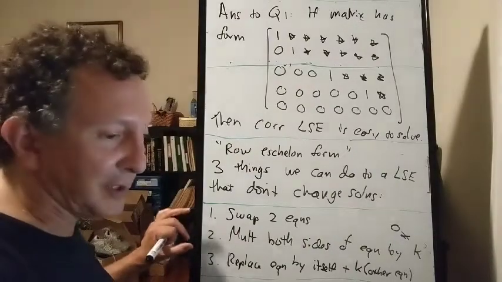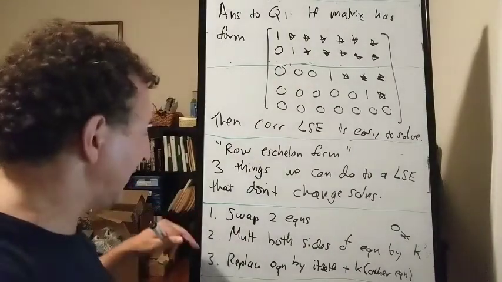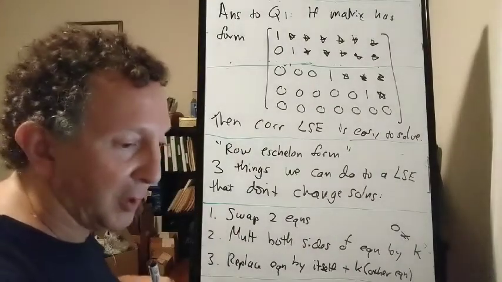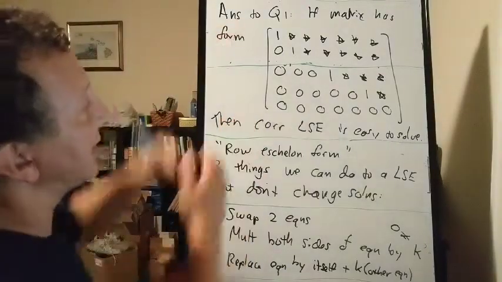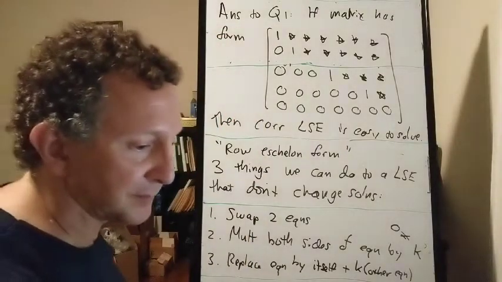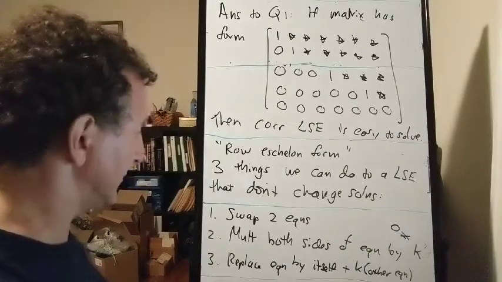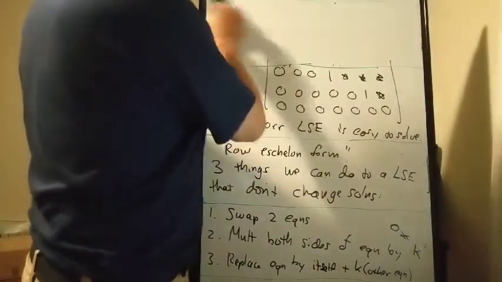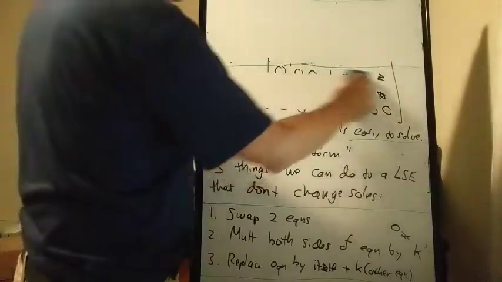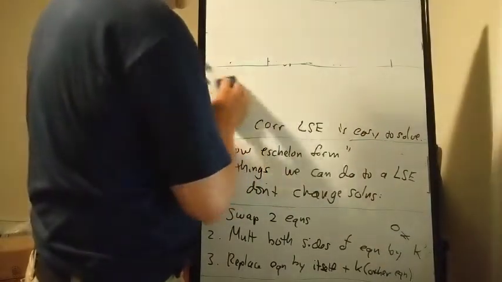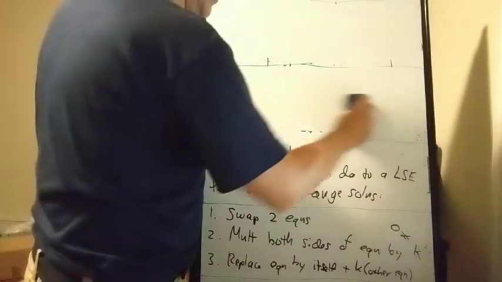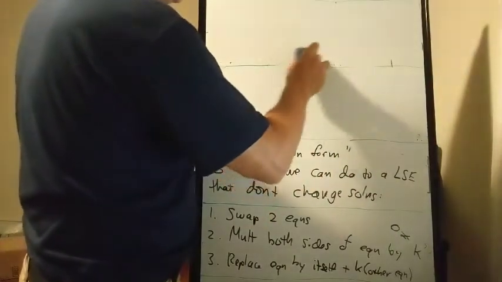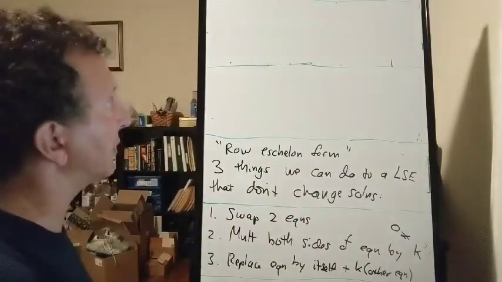It turns out that by using a combination of these steps, maybe multiple times, we're certainly going to end up with a matrix that has row echelon form. So let's do an example. In fact, I'm going to do example 248 from the book.